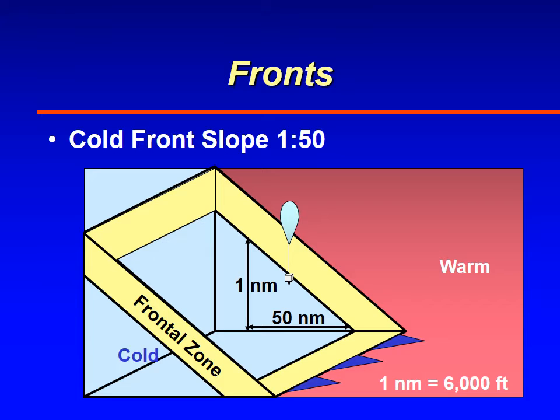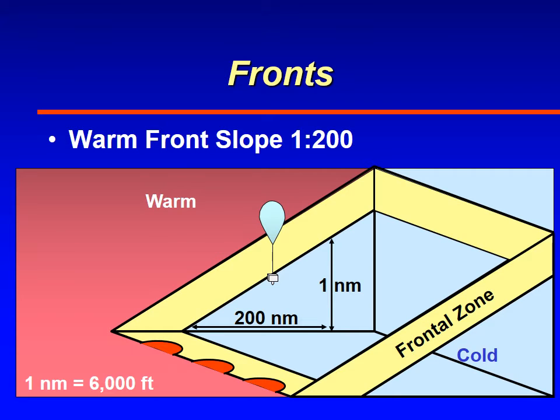So 1 nautical mile is approximately 6,000 feet. So 50 nautical miles behind the front, you should find the front approximately 6,000 feet above you. Half of that, 25 nautical miles, you should find it about 3,000 feet above you, and so on and so forth.